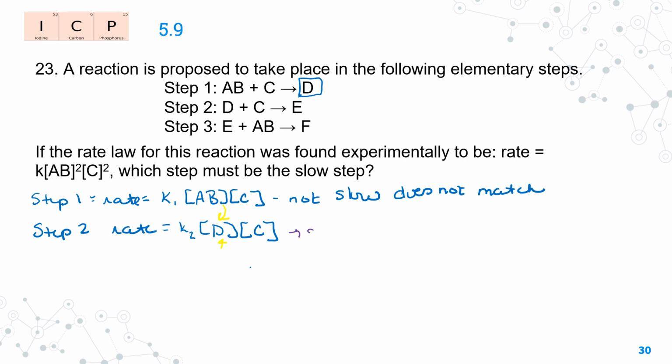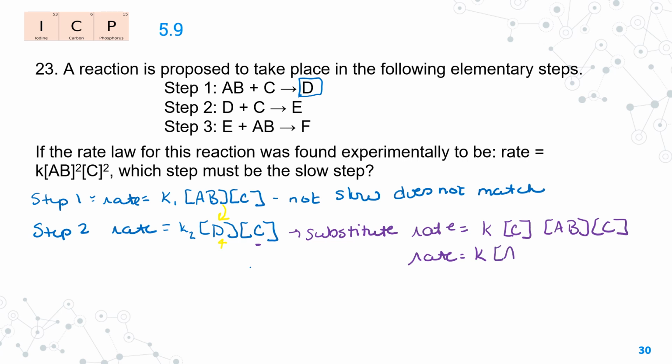So this is going to become rate equals K, concentration of AB, concentration of C, which comes from here, times concentration of C. If I put that all together, my rate is equal to K, concentration of AB, C to the second power.